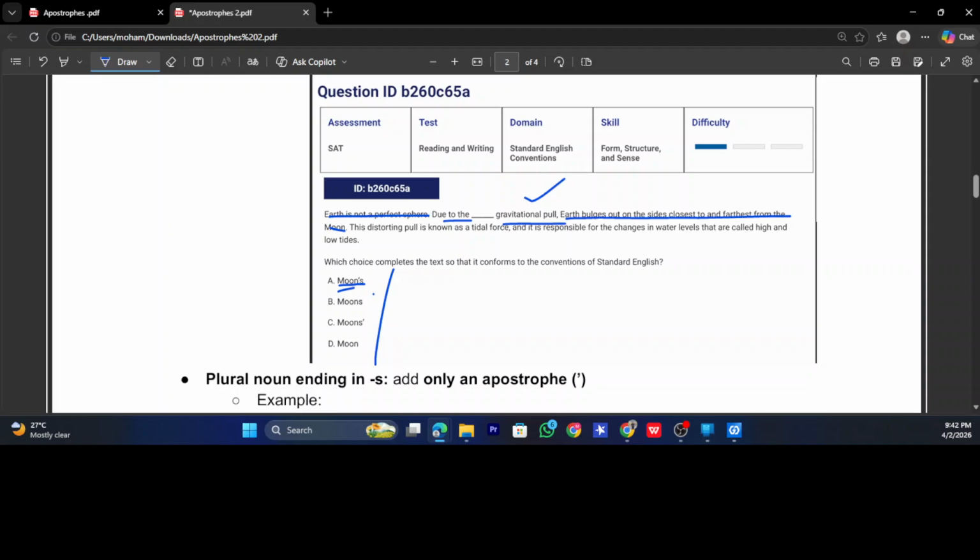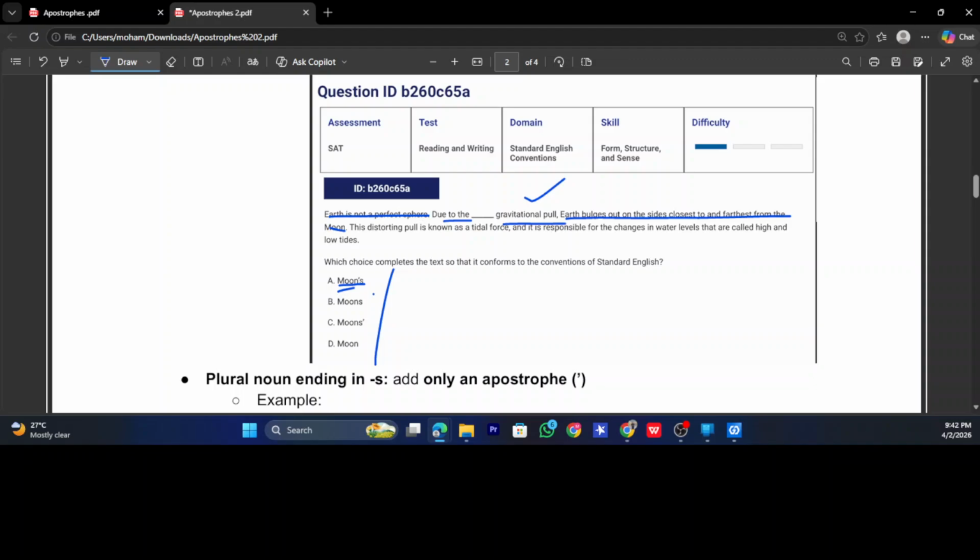Then choice B is also a wrong answer. It is wrong because the context requires only the singular possessive noun moon's, not the plural noun moons.